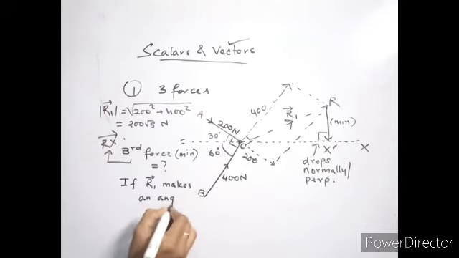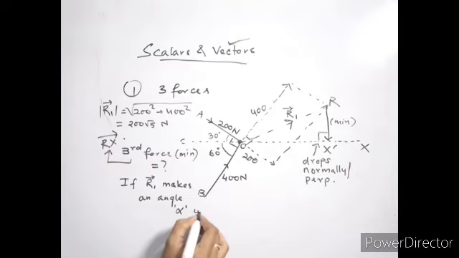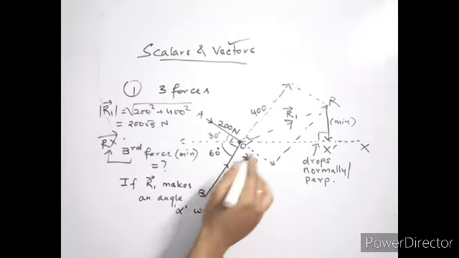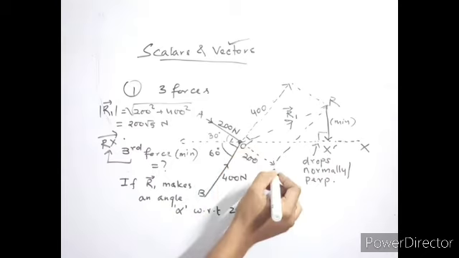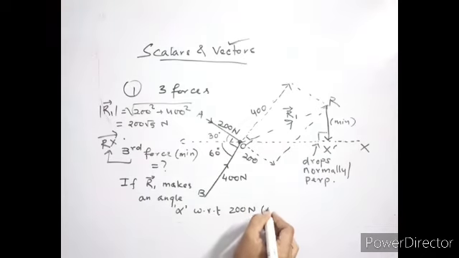So if R1 makes an angle of alpha with respect to the 200 Newton vector, right? So we need to find this value of alpha.